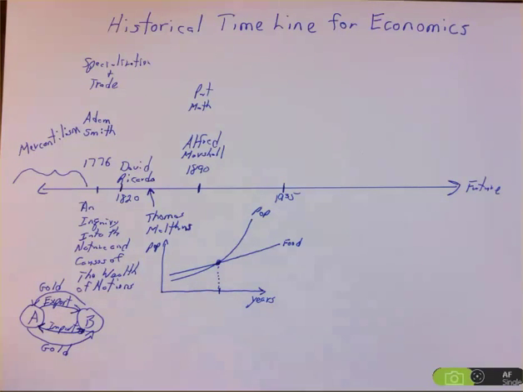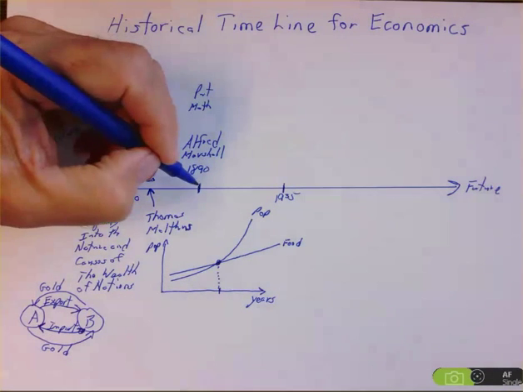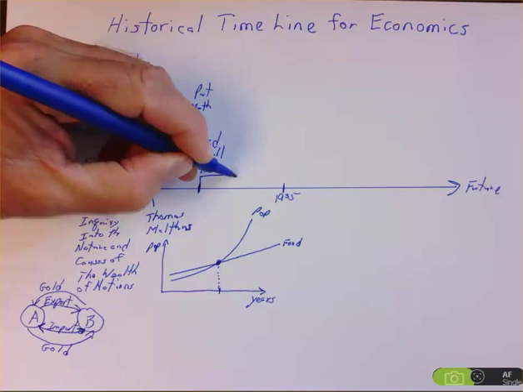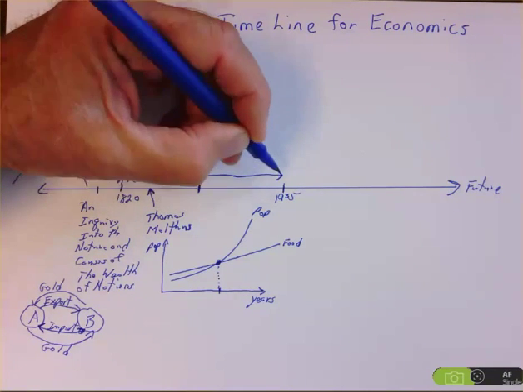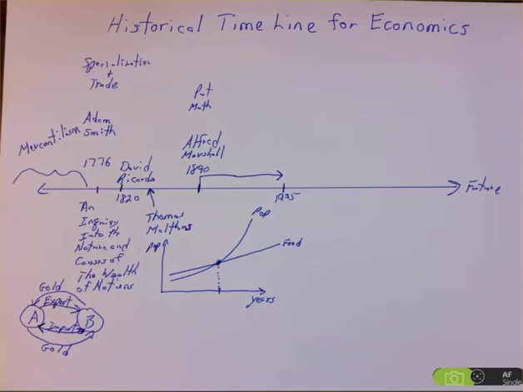So Marshall was all about equilibrium. It was really common in those days because the science that had made the most advances was astronomy. And so in astronomy, it looked like the heavenly bodies were kind of in an equilibrium.